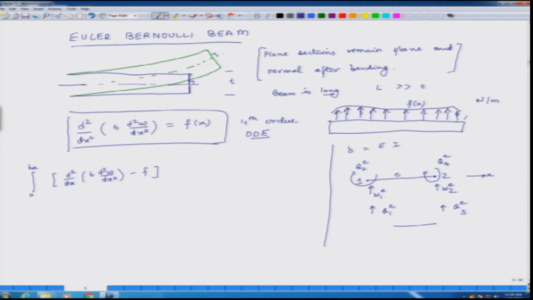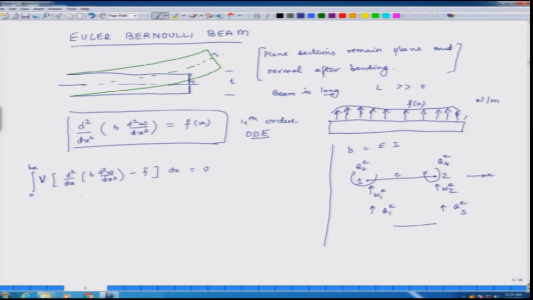If the solution was exact, this would be 0, but here we are looking at an approximate solution. I multiply the error by a weight function, which I call V. Earlier we called it W, but in the context of beams W makes more sense as deflection. Then I integrate it over the domain and equate it to 0.